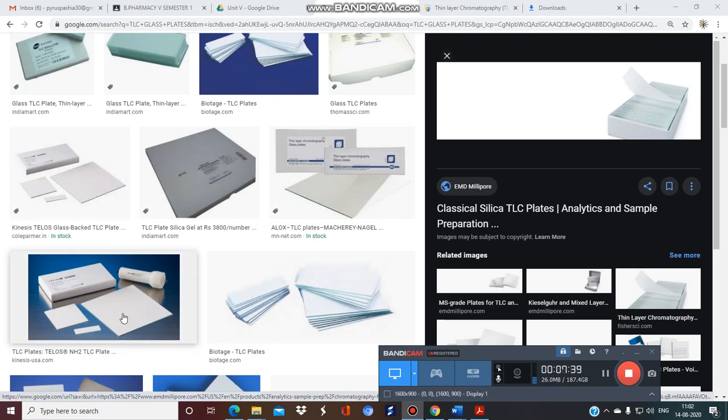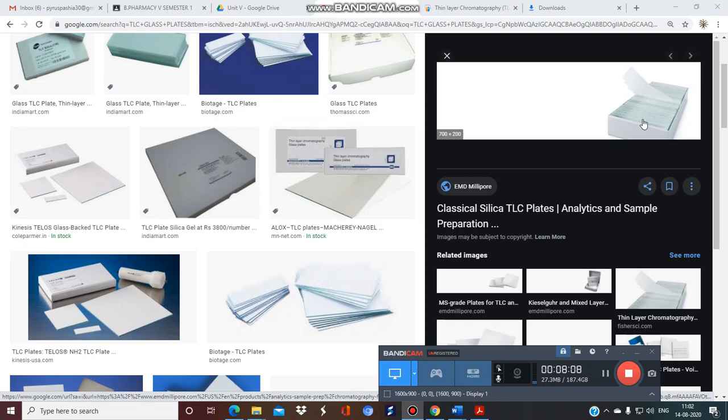In pre-coated plates we don't have to prepare the slurry, but in the laboratory these are glass plates, so we have to prepare the stationary phase. This pre-coated type is very costly in comparison, but in it we don't have to prepare the stationary phase, as it is already prepared.